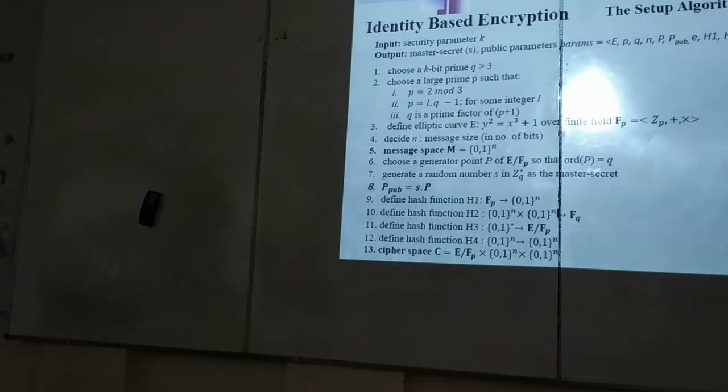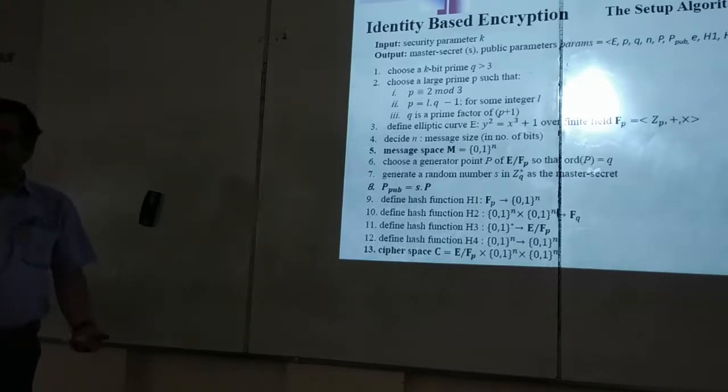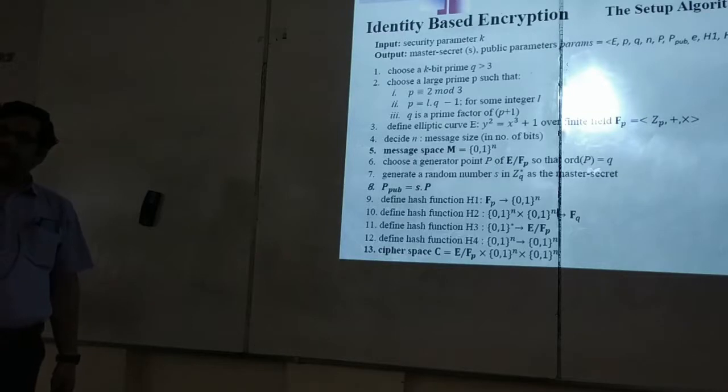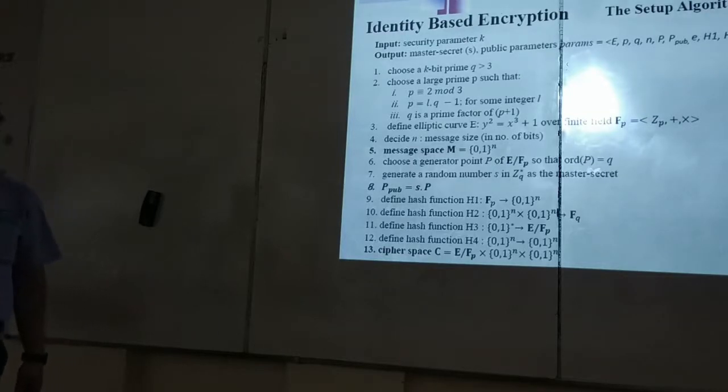As I explained last class, if you take a small prime number like 11, do you think discrete log is really hard? You give me any index, I can give you the base in 5 minutes with paper and pencil. So Q should be very large, such that the time taken by the computing algorithm to find the discrete log would be so large that it cannot even solve it in 1 year.